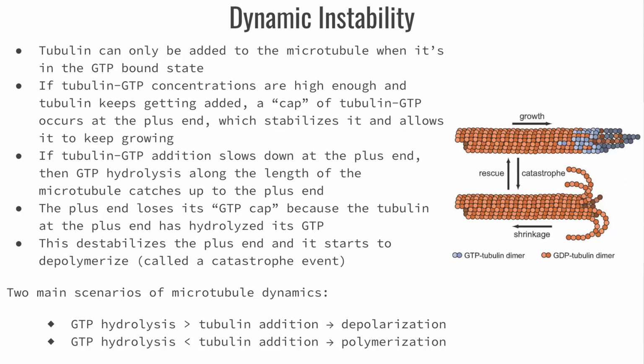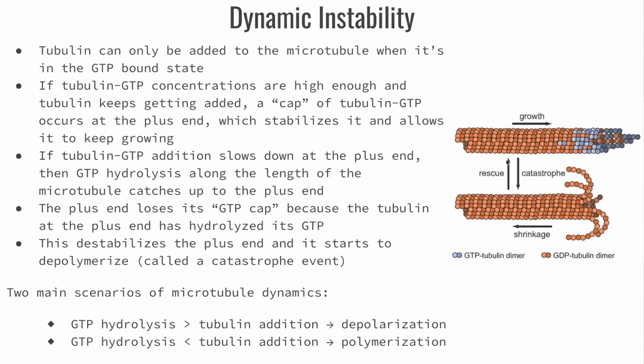An important thing to know about microtubules when they polymerize is that tubulin can only be added to a polymerizing microtubule when it's in the GTP bound state. In order for GTP tubulin to continue getting added to the plus end, a GTP cap needs to be present.